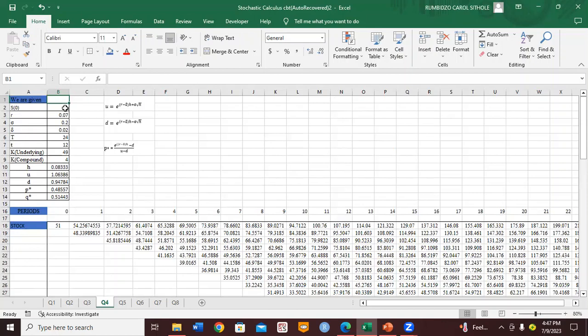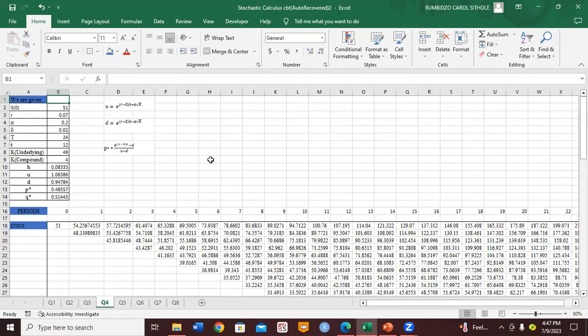The current stock price is 51. The risk-free rate is 0.7%, and the volatility is 20%. The stock pays a dividend of 2%. Here is our symbol, our T is 24, and our small t is 12. The strike price of the underlying option is 49, and the strike price of the compound option is 4.